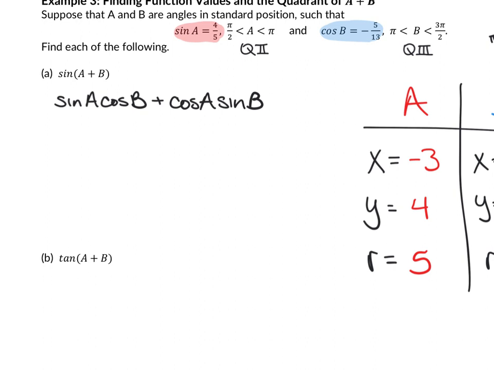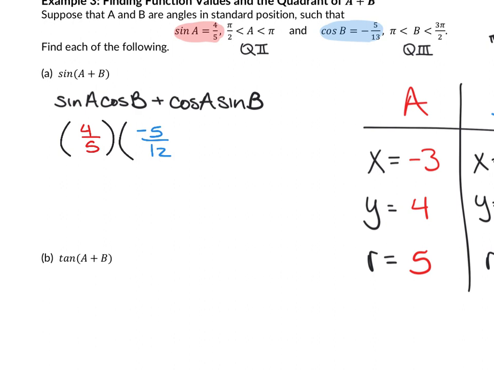So if we fill this in, again, we don't actually know the values of A and B, but we know the values of the triangles they create. So the sine of A is going to be the y over r from the A sidebar, which is 4 over 5. Now, of course, they gave us that one in the problem, and they also gave us cosine of B in the problem.